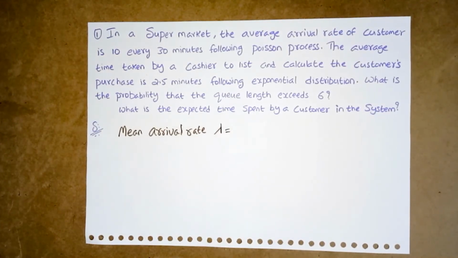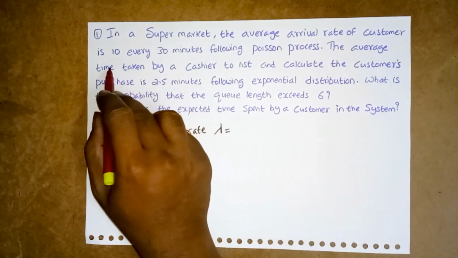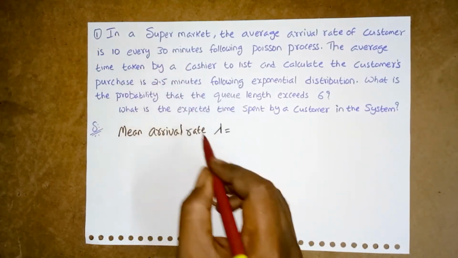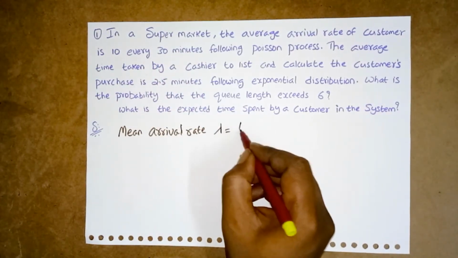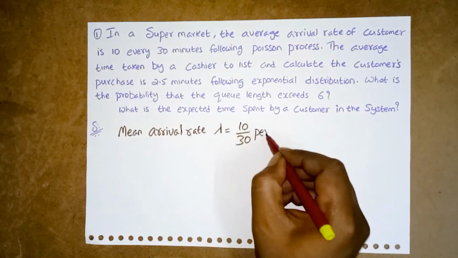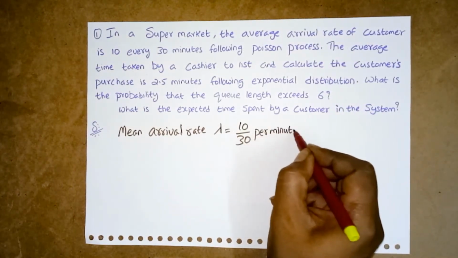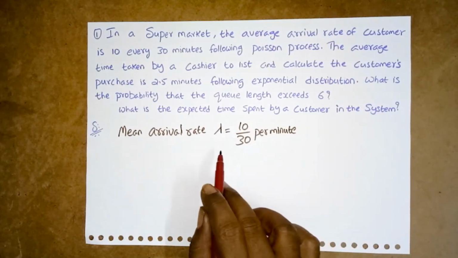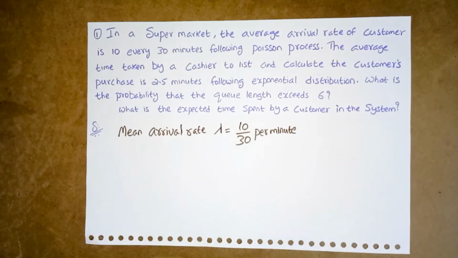So what is the mean arrival rate? The customers are 10 for every 30 minutes, right? So lambda is 10 by 30 per minute. Mean arrival rate lambda is 10 by 30 per minute.